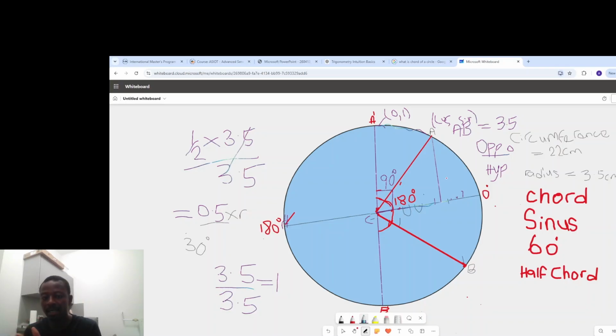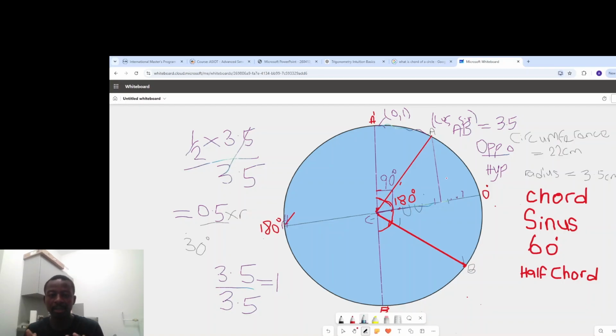On the other hand, cosine gives you the position with respect to the horizontal, that is left to right position or left to right movement. For the cosine, we will treat that in the next video.